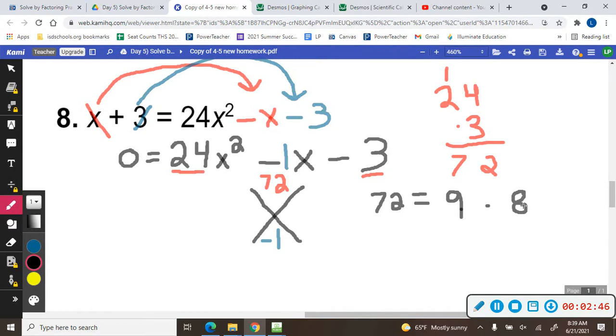If I make this a negative 9, I get negative 72, which, looking at that, that's what that should be. 24 times negative 3 is negative 72. So I'm trying to get negative 72. So if I make 9 negative, negative 9 times 8 is negative 72. You add those, you get negative 1. So I get negative 9 and 8.